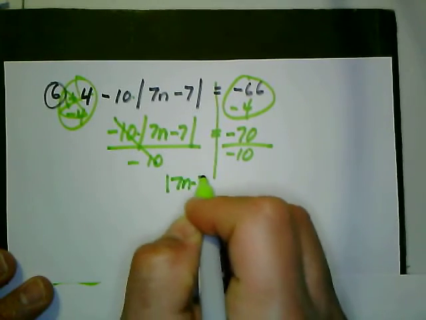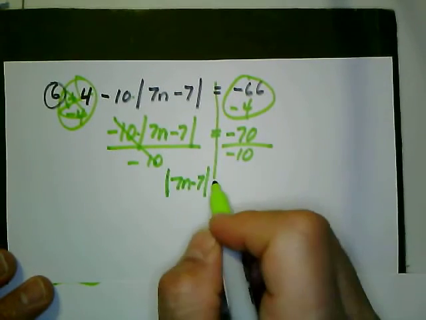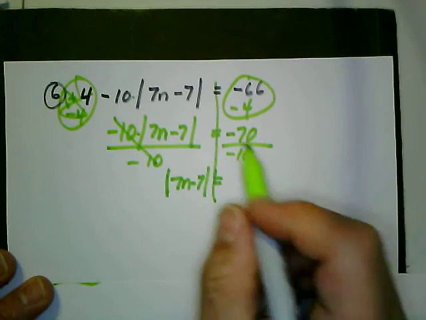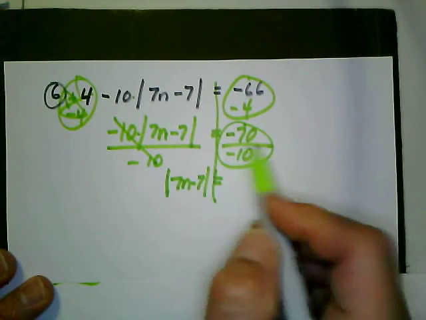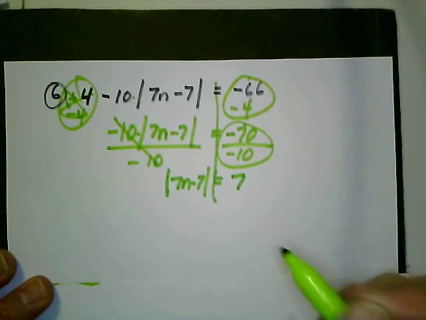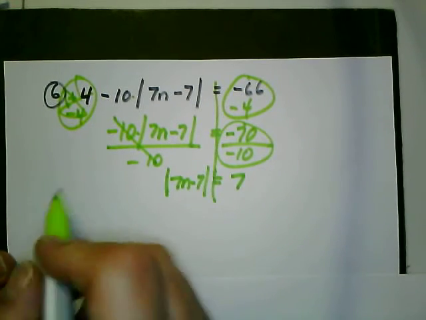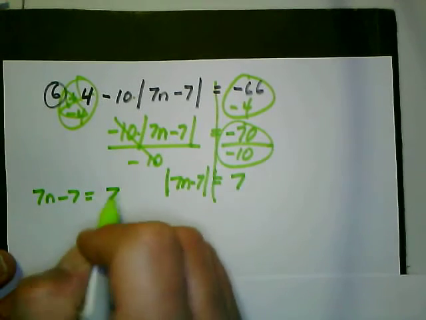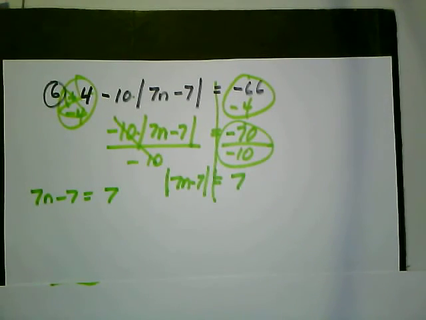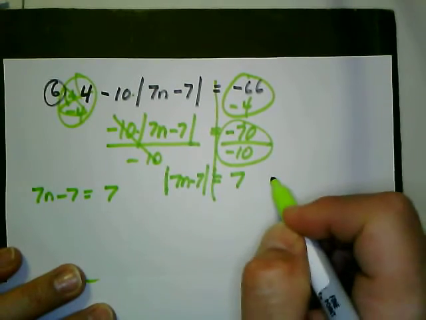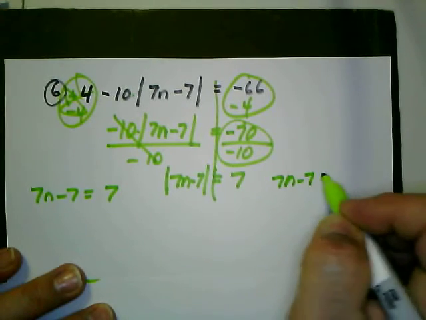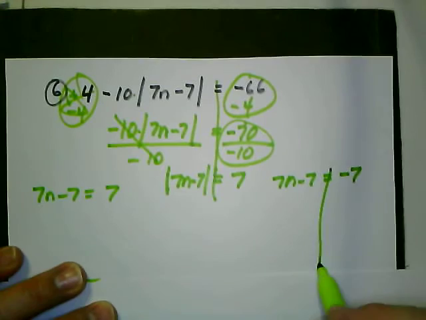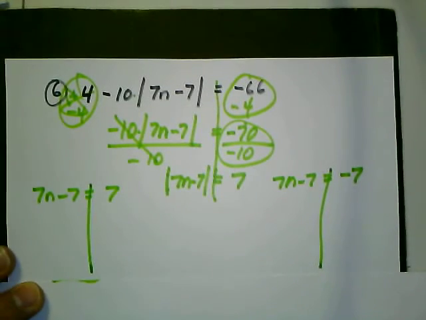So 7n minus 7, and remember we're looking at absolute value here. And negative 70 divided by negative 10 is 7. Split it apart. 7n minus 7 equals 7. So we got a lot of lucky numbers here. We're also going to do the negative of that, so 7n minus 7 equals negative 7. Handle it that way.